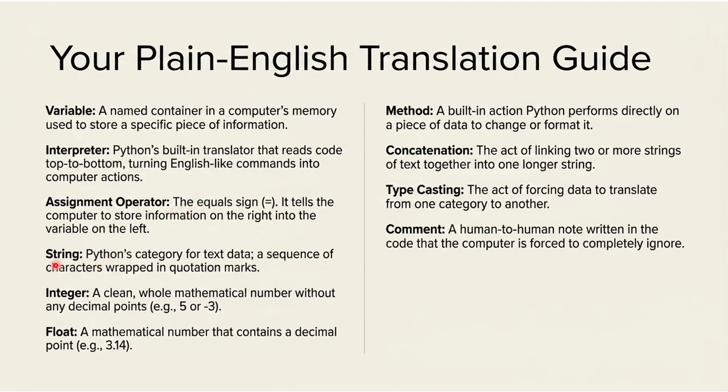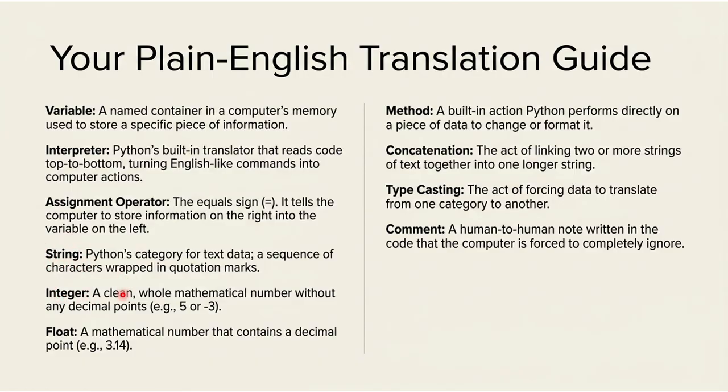After that we have string. A string is a data type used to store text data in Python, and it is wrapped in quotation marks. It could be single quotes or double quotes. Whatever comes within that is a string data type.